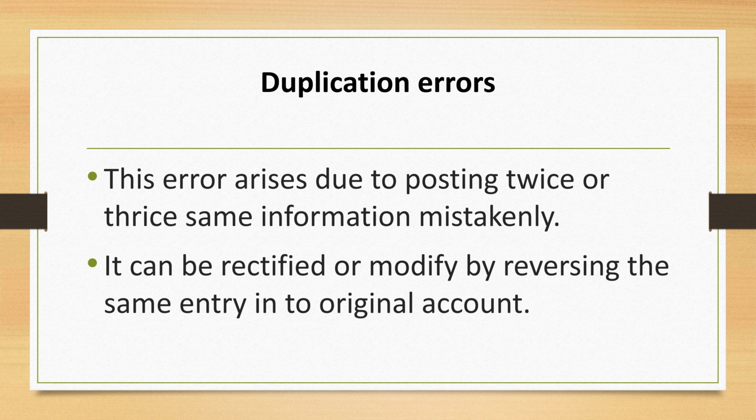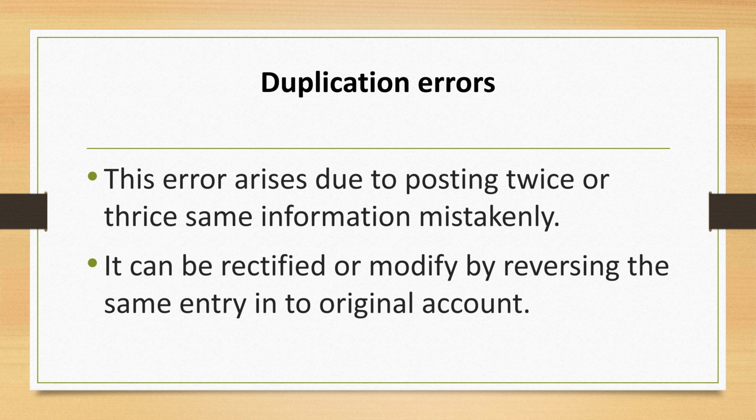Next are duplication errors. Duplication means some information is mistakenly posted twice or thrice. Such errors arise due to posting the same information double or triple times. Duplication is another common accounting error that is the result of double entry. Triple entries may also occur sometimes.